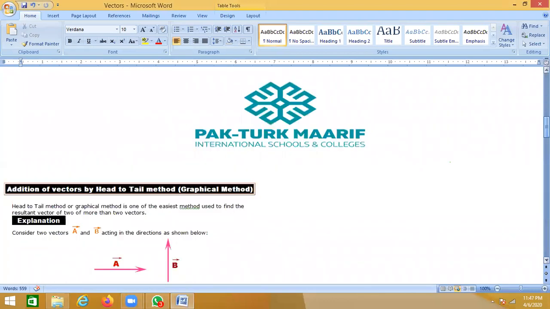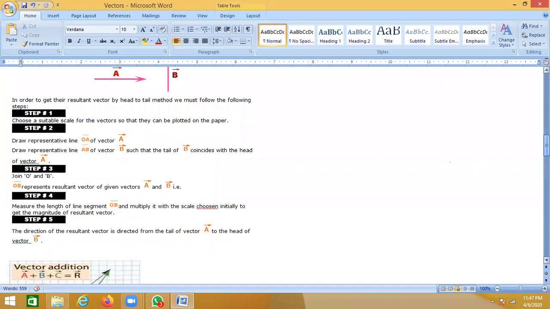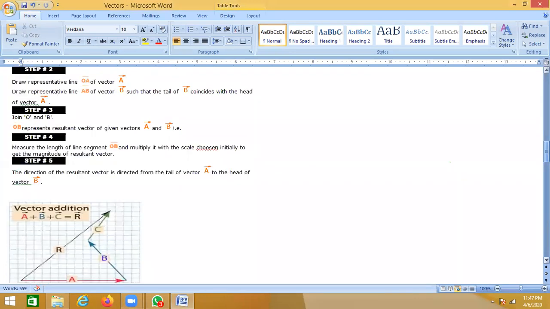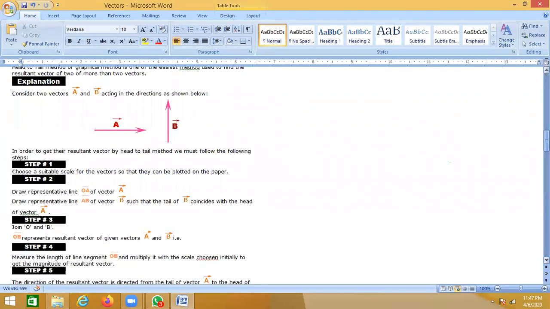Then we saw the vector head to tail method, and we also saw this diagram on how to work out the resultant vector, right?